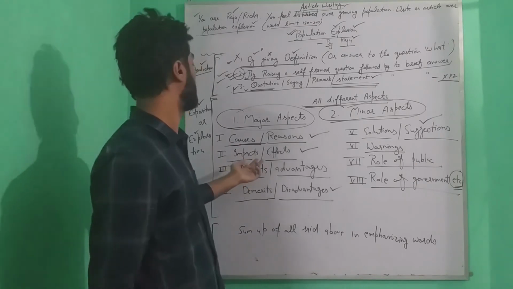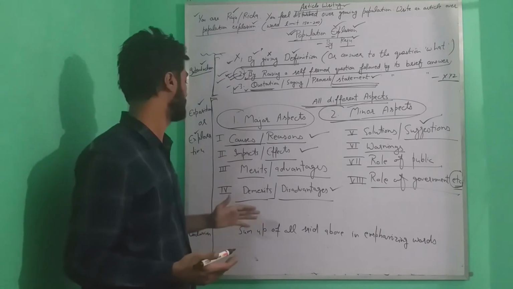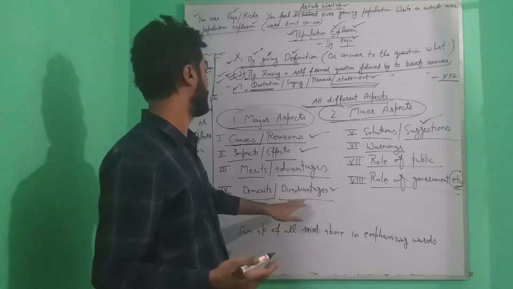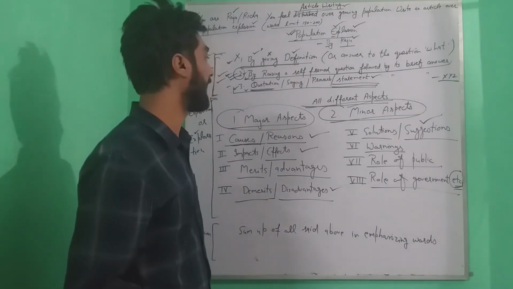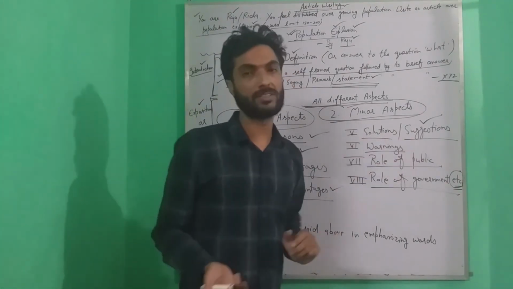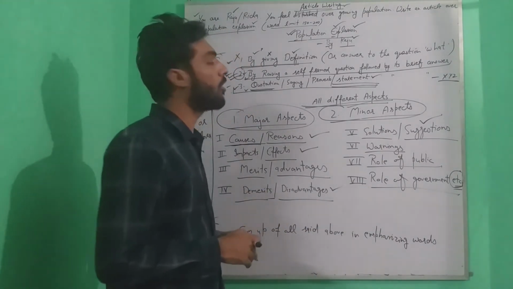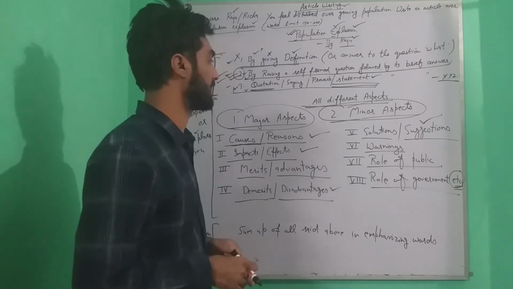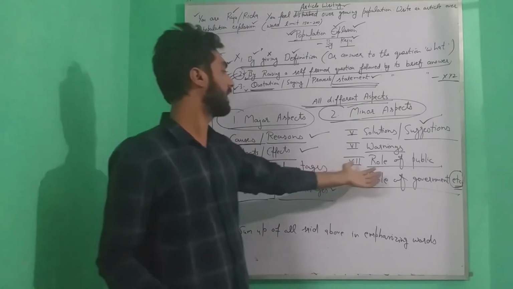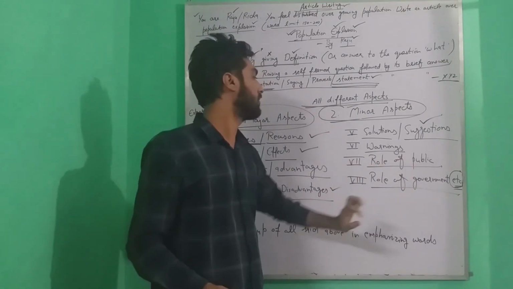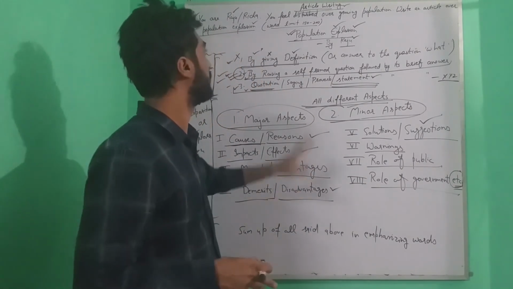We can give 3 to 4 or 5 effects or impacts. Then we can count a lot of disadvantages of population explosion, and we can give a lot of suggestions, 4 to 5 suggestions at least, to combat the problem of population explosion. And we can give 1 or 2 warnings, and we can say something about the role of public, then something about the role of government to combat this problem.